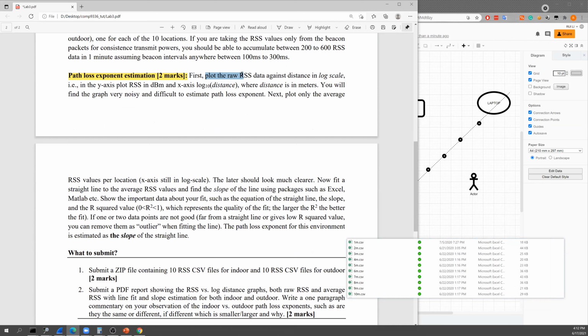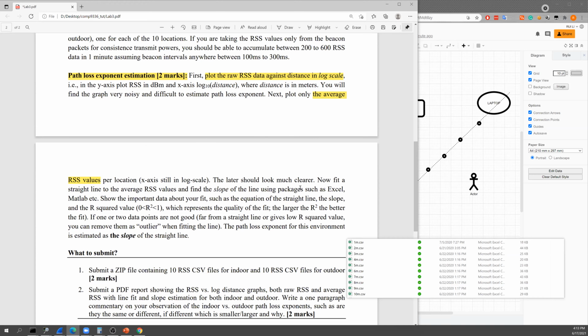We are going to plot the raw RSS data against distance in log scale, as well as the average RSS value. We are going to plot two different graphs. The first one should have the raw RSS data, and the second one should have the average RSS data.